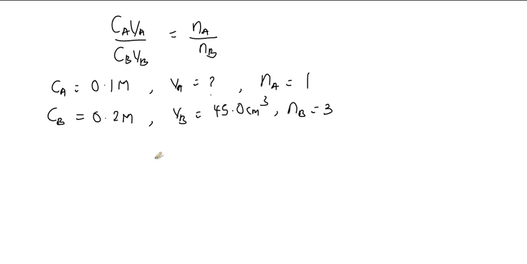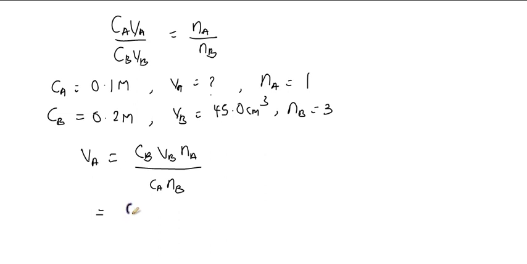So having stated the given values from the question, we have our Va to be unknown. To get Va, we make Va the subject of the formula. And don't forget that Va is the volume of acid used. So Va will be equal to CbVbNa divided through by CaNb. Let's substitute the values.